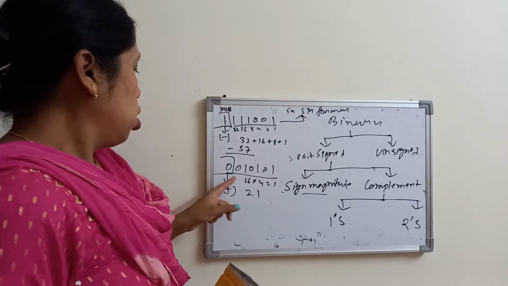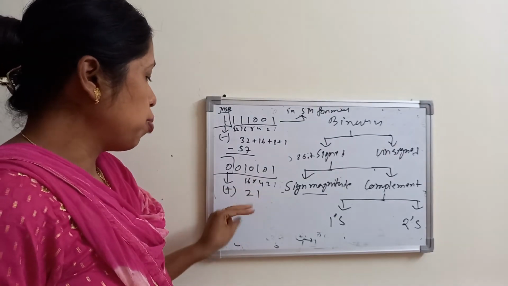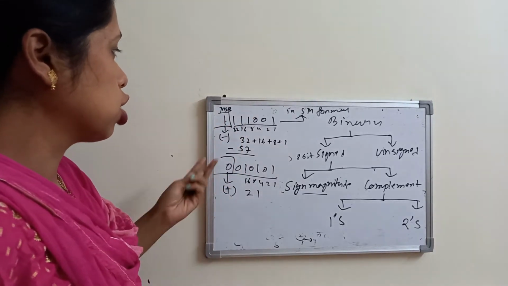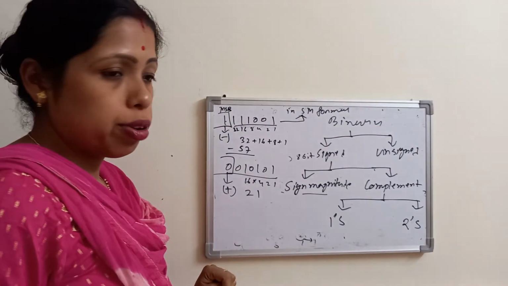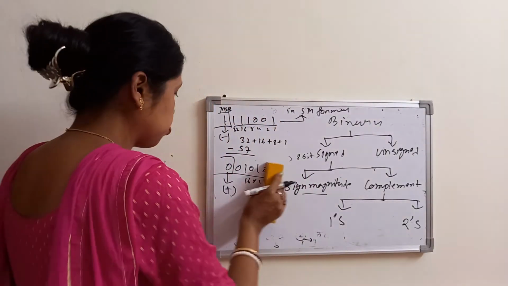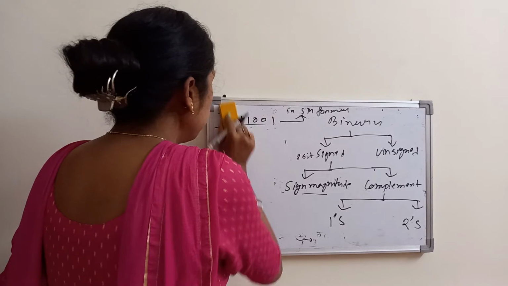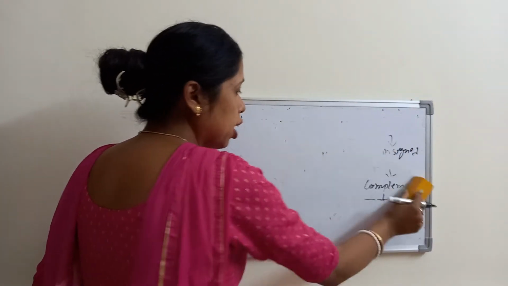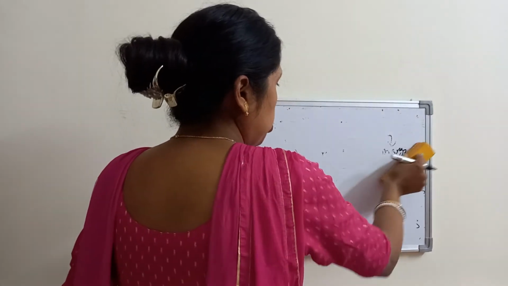Write it in 16 8 4 2 1 format, this is plus 21. Right. So this is the discussion about the sign magnitude format, binary to decimal and decimal to binary. Okay. Now come to the first complement and the two's complement.